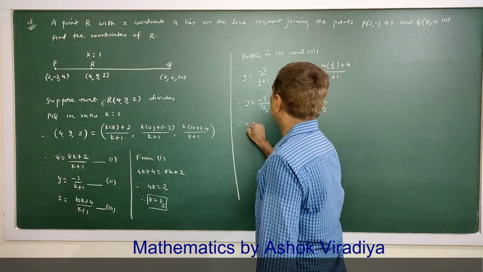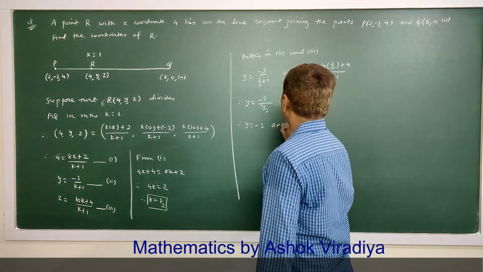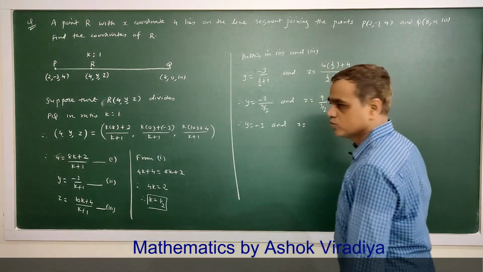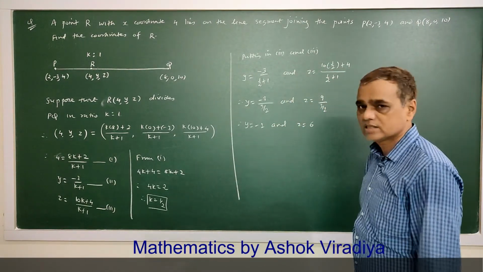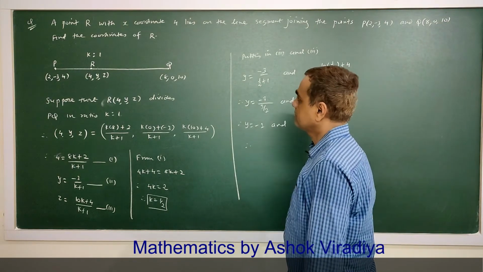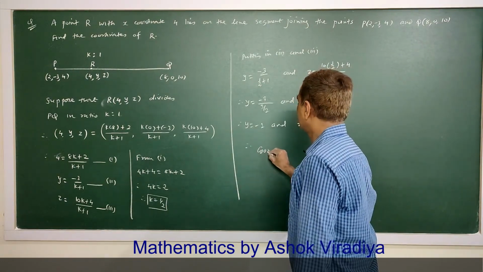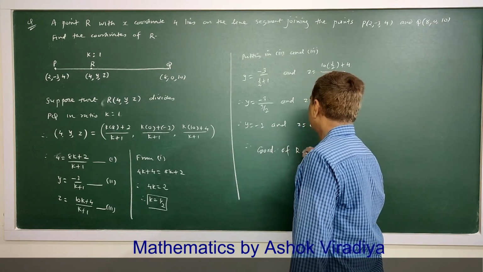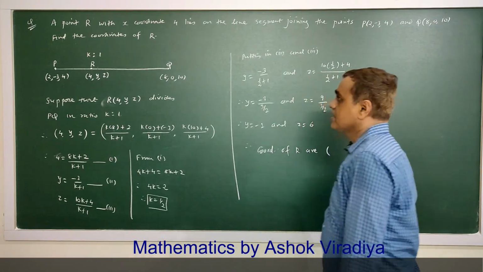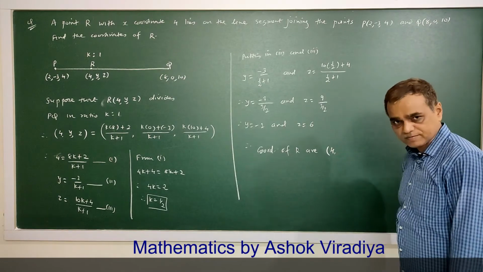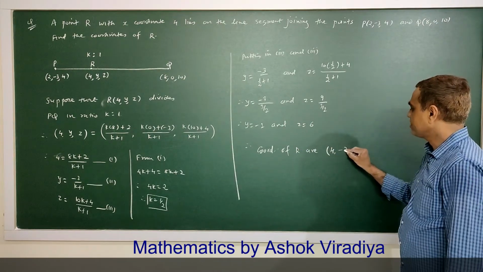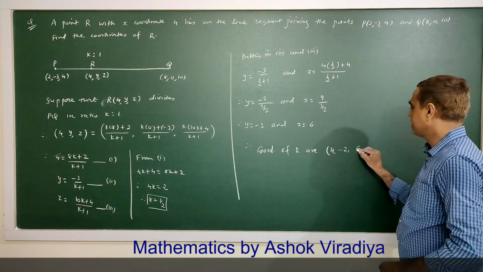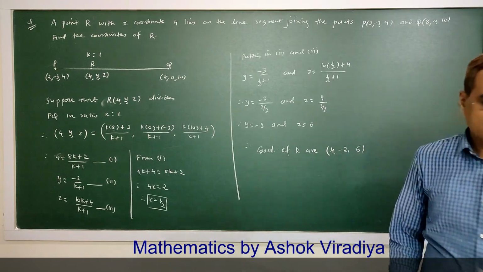So y is equal to minus 2 and z equal to 6. So therefore coordinates of the point are x coordinate was given 4, y coordinate is minus 2, z coordinate is 6.